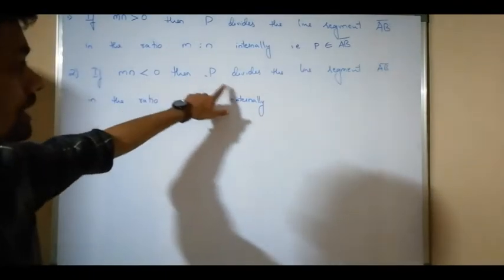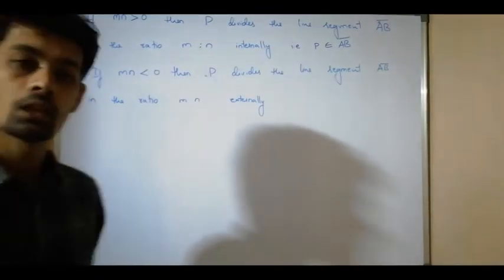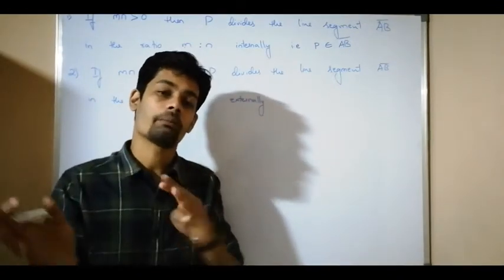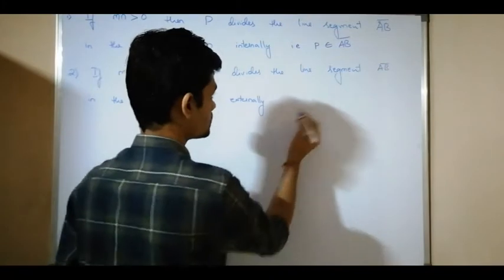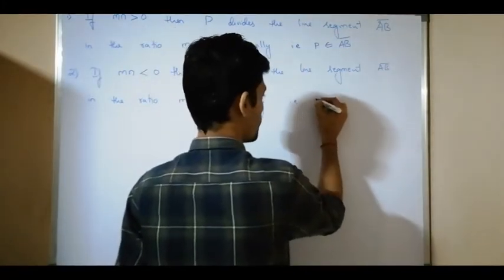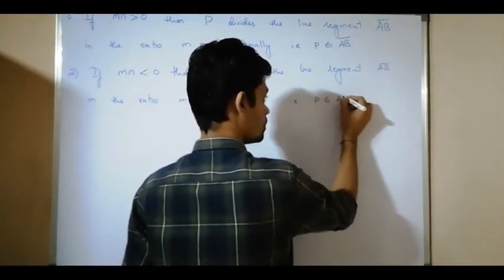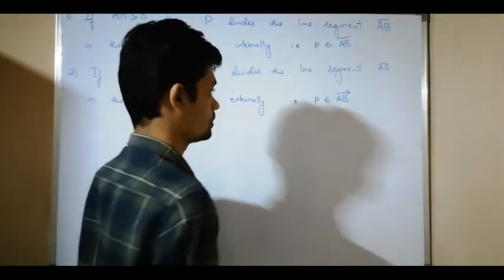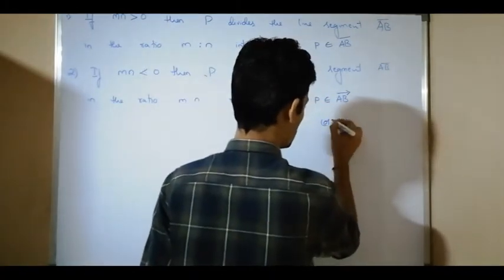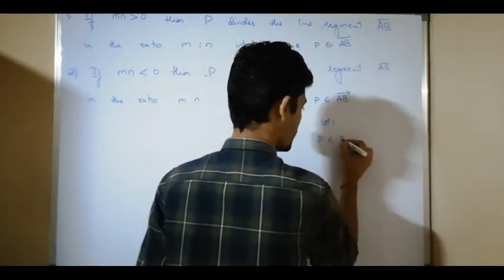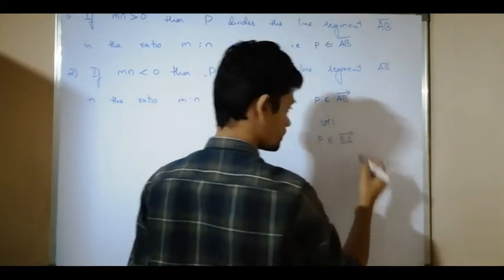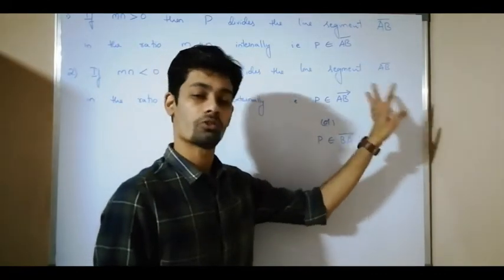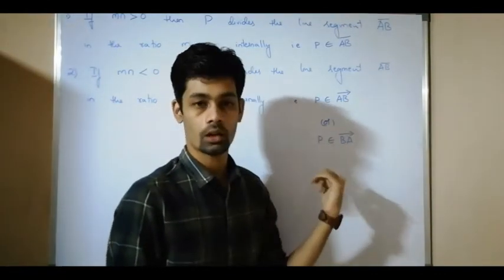If P divides externally, it means P is outside the line segment, maybe before A, maybe after B, that is, P belongs to the ray AB or P belongs to the ray BA. Maybe P lies after B, maybe before A.